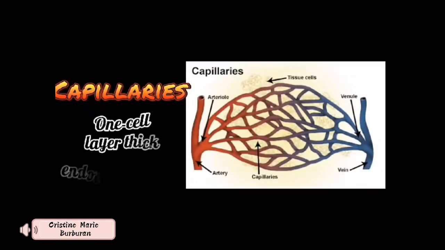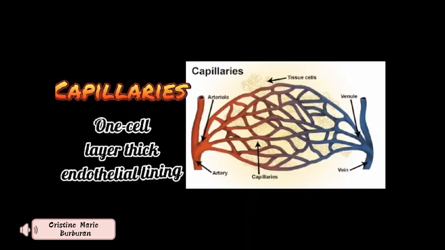Lastly, the capillaries, which are found in the muscles and the lungs, are microscopic and have a one-cell-thick endothelial lining. In other words, the walls of the capillaries have the thickness of one single epithelial cell. They can only tolerate blood under very low pressure, because the blood moves slower and gas exchange has a chance to take place.